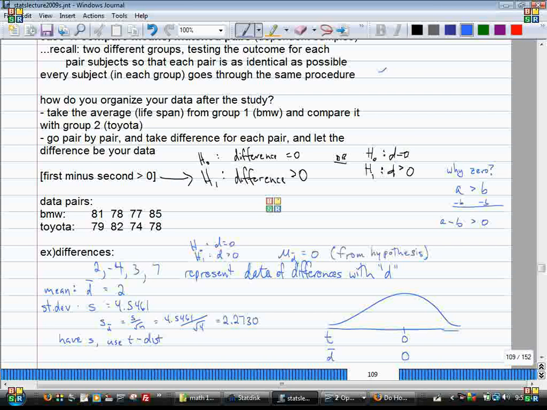So now it's a point of 2. What value do we mark off? 2. We mark off the 2, which is a D bar value. There you go. And then we do what? Shade to the right.